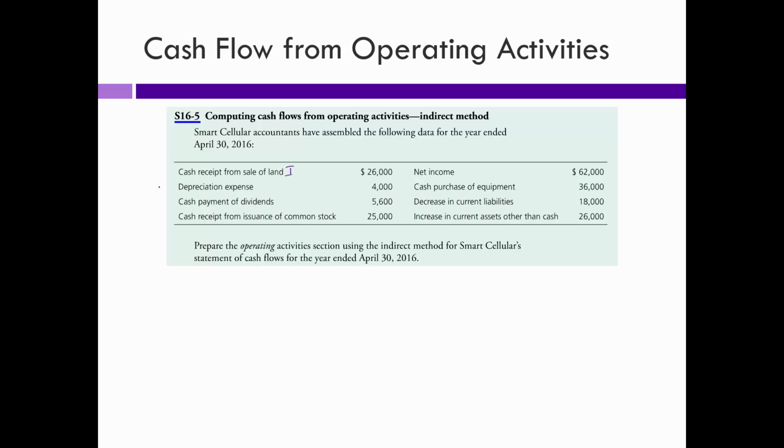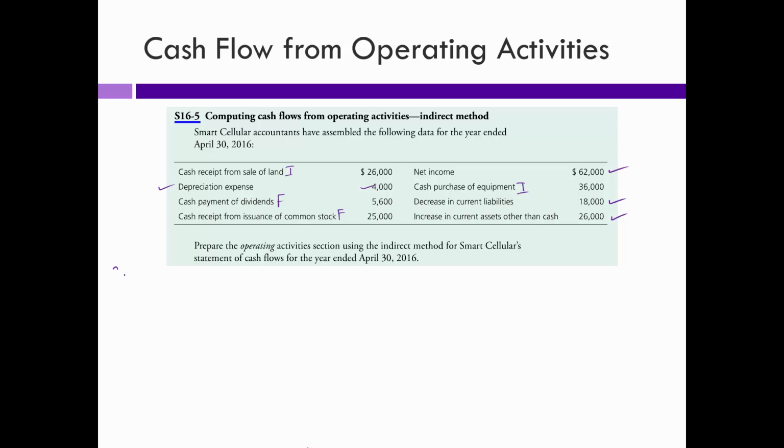I do need depreciation expense. Cash payment of dividends would go under financing, so I don't want that one now. Issuance of common stock is financing. Net income I need because that's always my starting point. Equipment will go under investing, so I don't want that one. And current liabilities I need, and current assets I need.